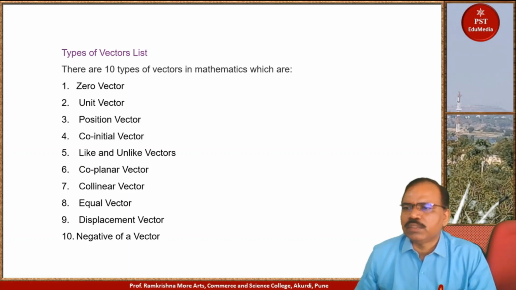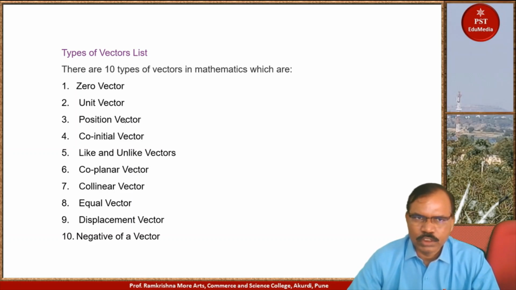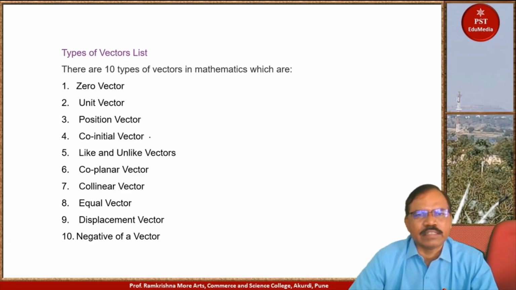Now the next one is co-initial vectors. What is the meaning of co-initial vectors?